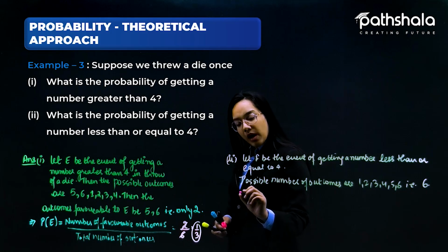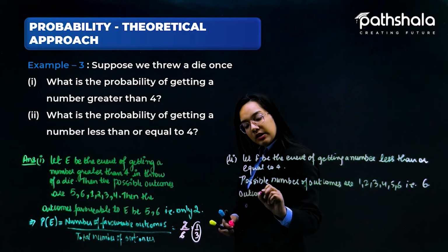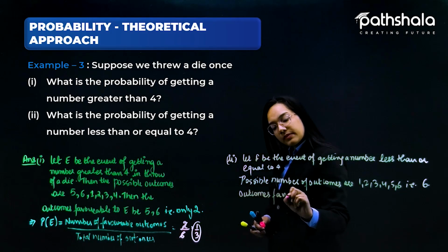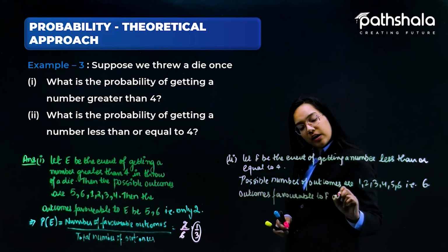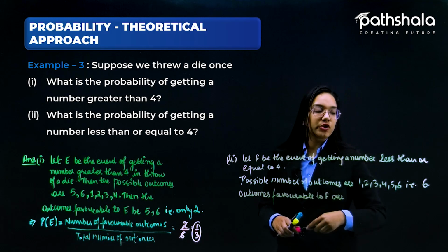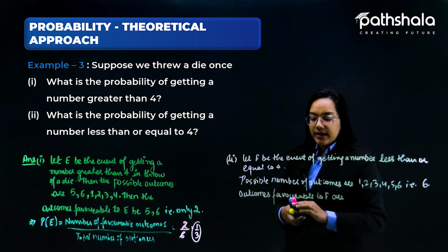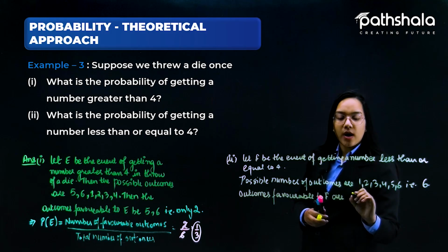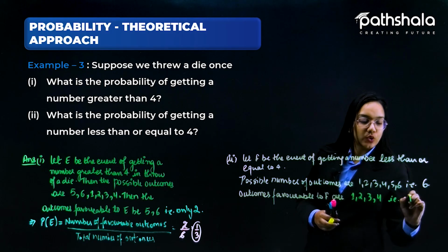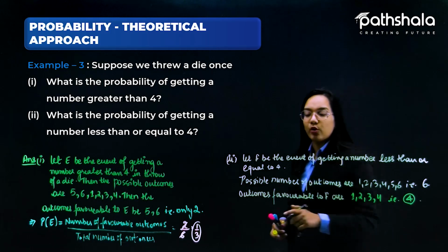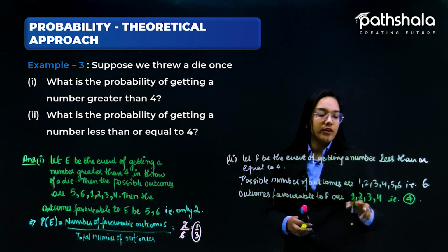The outcomes favorable to F are, we just wanted to get a number which is less than or equal to 4. Less than or equal to 4 means 1, 2, 3 and 4. That is in total 4. Outcomes favorable to F are 1, 2, 3 and 4.